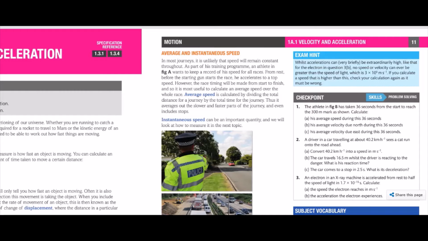So let's say, for example, we are tracking the speed of a car. If you look at the distance traveled by the car in 10 seconds or 20 seconds or in minutes, then you are looking at the average speed. But if you are tracking the car at a specific time instant, then you are talking about instantaneous speed or velocity.